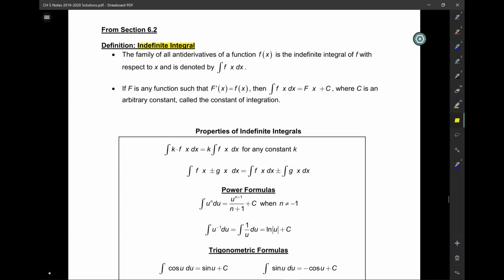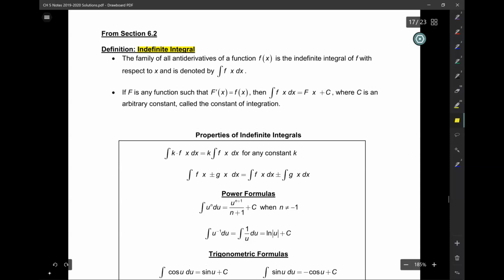Okay, so we know how to take a derivative of a function. Now, if you take a derivative of a function, and then go back to the original function, you've done the opposite of taking a derivative, right? We call that the antiderivative.